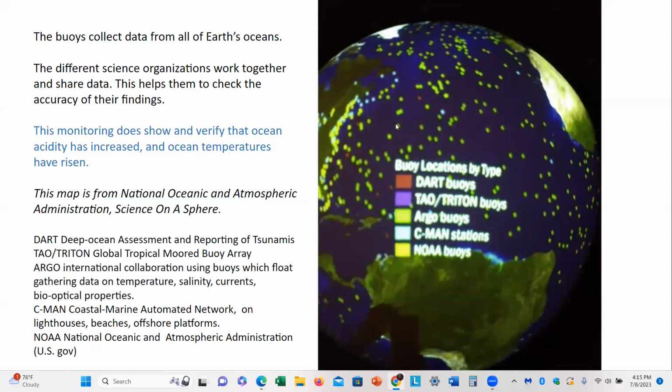Others are moored to the floor of the ocean, collecting deep water information, and others float with and follow the current. And the kinds of information that's gathered, including temperature, also salinity, and information about the currents and how they're changing.